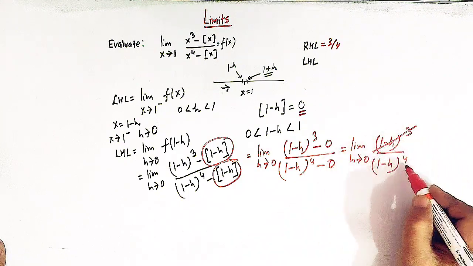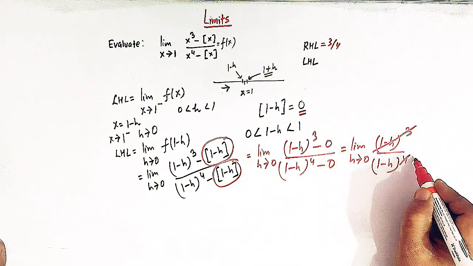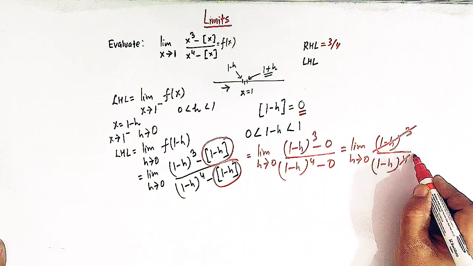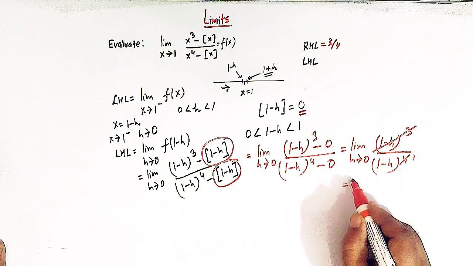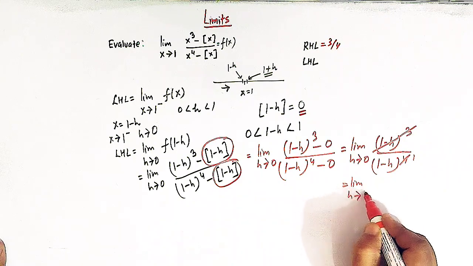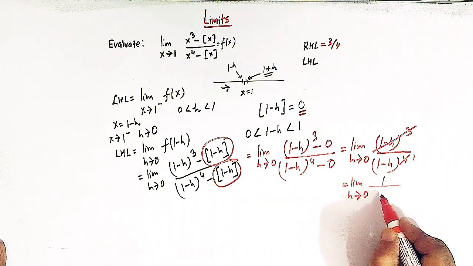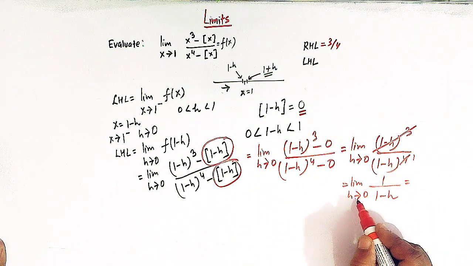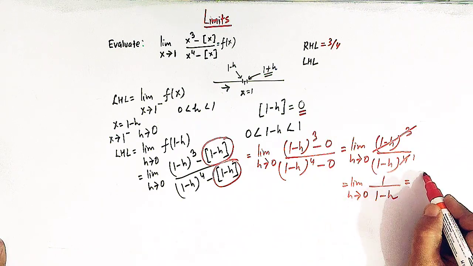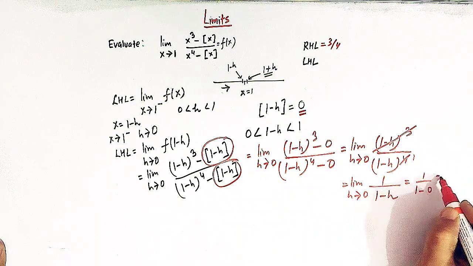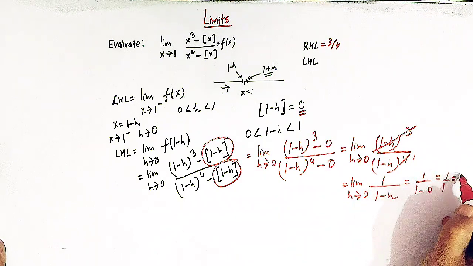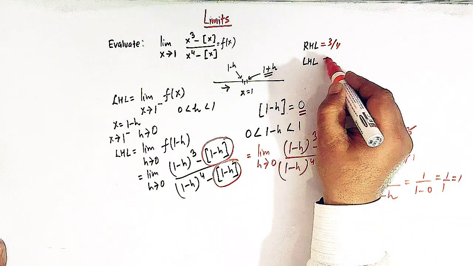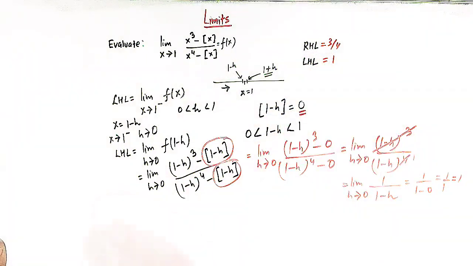This quantity gets cancelled with this one, and we are left with only power 1. So this is limit h tends to 0 of 1 over 1 minus h. Now taking h equal to 0, we have 1 over 1 minus 0, so this is 1 over 1, that is 1. So the left hand limit is equal to 1.